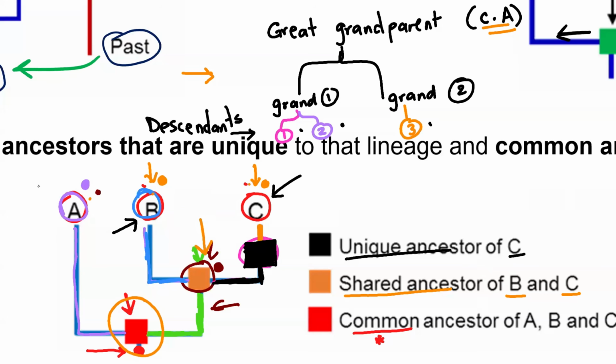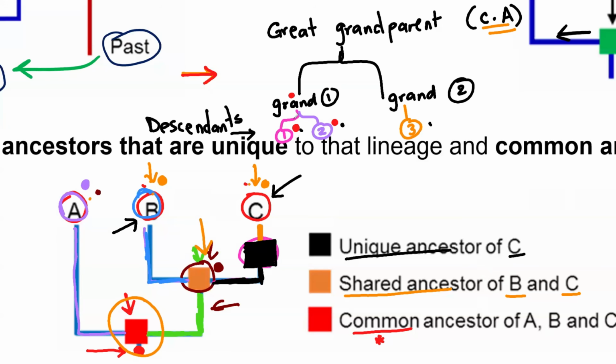But now when we look at descendant number 1 and descendant number 2, they've got a shared ancestor. What is the shared ancestor, guys, for descendant number 1 and number 2 in this family tree? Grand 1, so grandparent number 1. Yes, because you can see that descendant number 1 and descendant number 2 are coming from grandparent number 1.